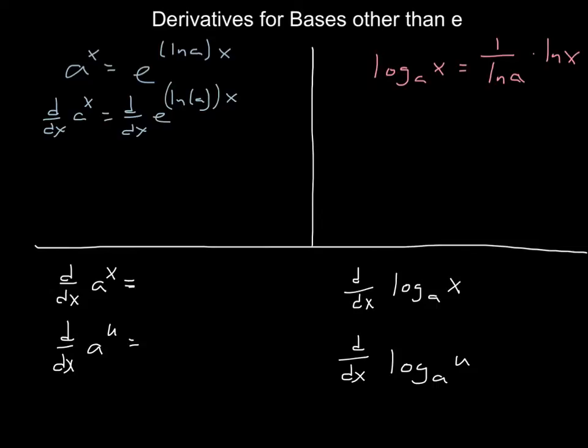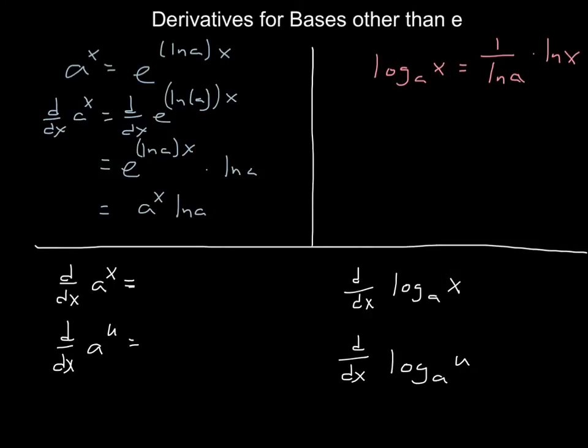Well, I know that this derivative is equal to e raised to the natural log of a times x times the derivative of the inside function. Now my inside function is the exponent, and since the natural log of a is really just a coefficient on that x, the derivative of the natural log of a times x is just going to be the natural log of a. And so this function becomes e raised to the ln a times x, which is just a to the x ln a.